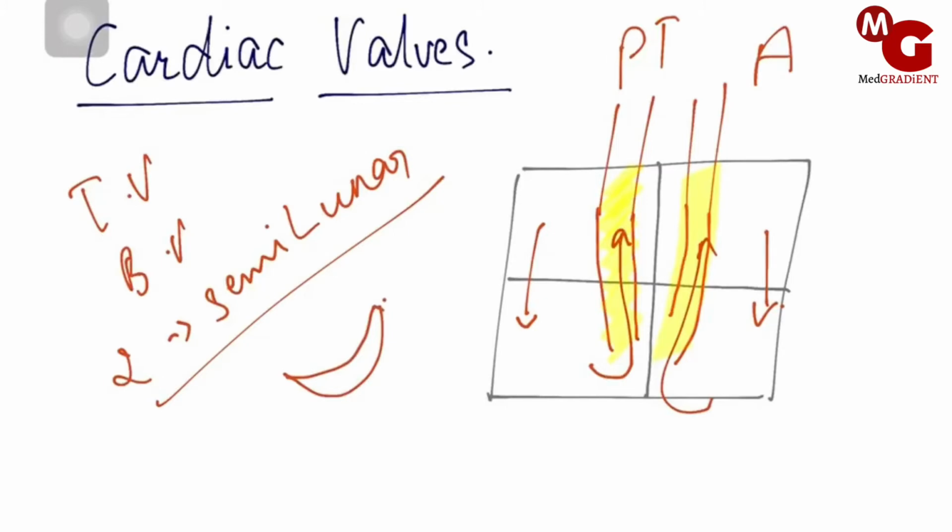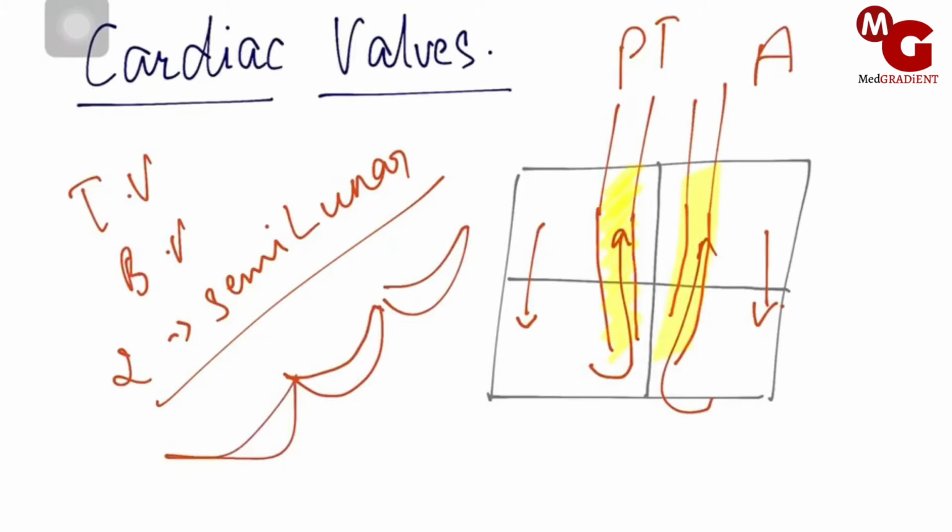Now there are 3 cusps in number for the case of counting. Tricuspid means it has 3 cusps, bicuspid means it has 2 cusps, and the semilunar valve is named because of the semilunar shape of the cusp.